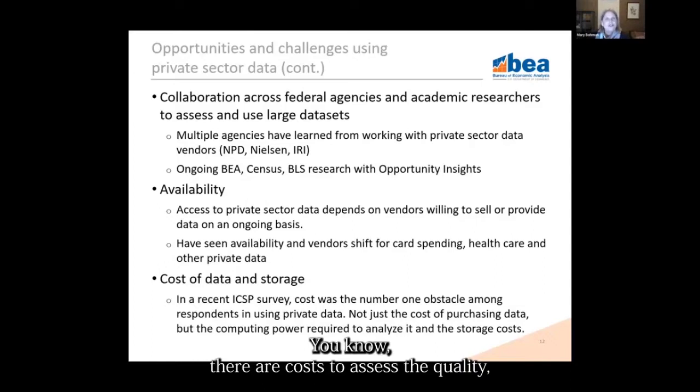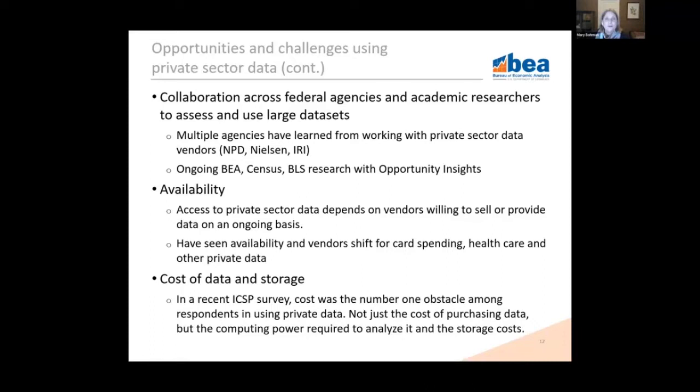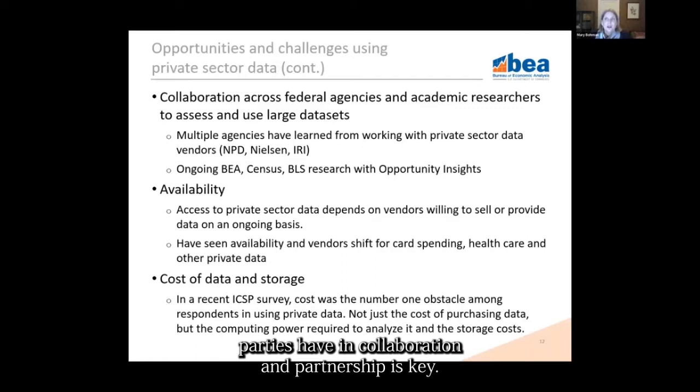There are costs to assess the quality and develop methods to improve representativeness, and we found it valuable to work with other federal agencies and academic researchers, and also with the private data vendors where we purchase data. And across the statistical system, this has really happened. Research has been published. We've had documentation. So I think we're building that expertise, but having collaboration and partnership is key.